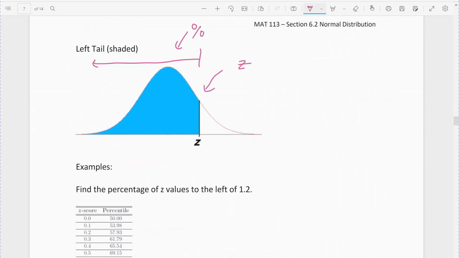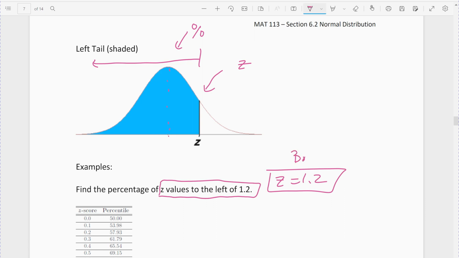So if you get a z-value of 1.2, that means I'm above the mean. That's the picture that we have drawn.